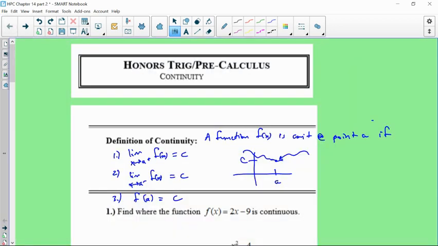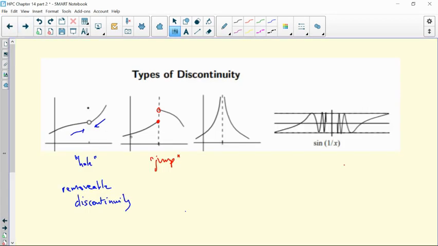Maybe the limit from the left equals the function value, but the limit from the right is something completely different, way up here. So a jump is non-removable. I can't assign one value. You can't just make a super big dot to connect the two. It doesn't work like that.